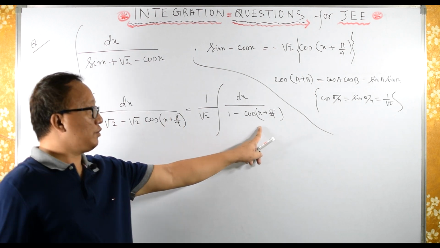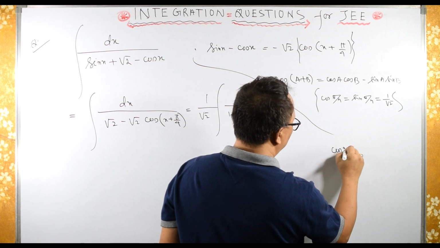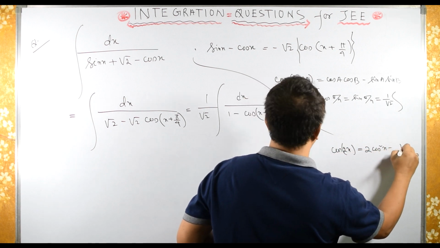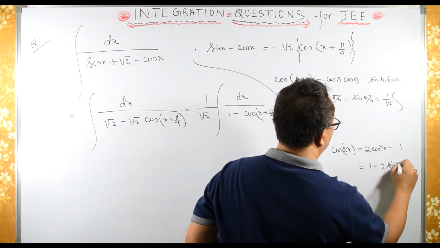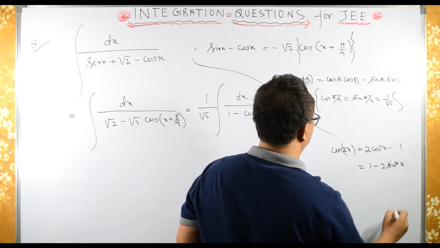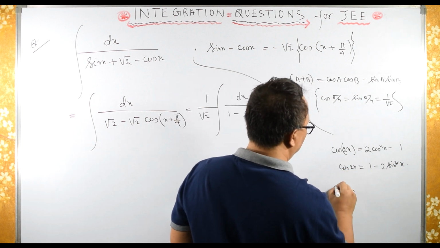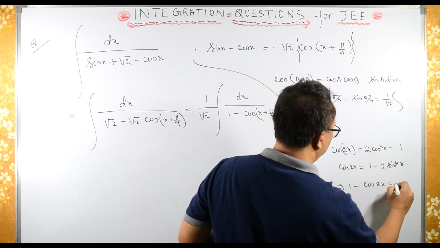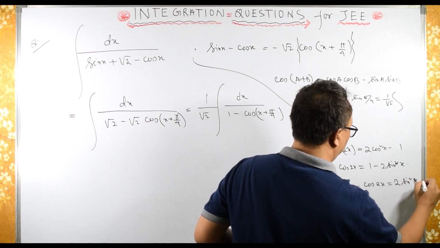So what is 1 minus cos of x plus pi by 4? Remember, cos of 2x equals 2 cos square x minus 1, which is the same as 1 minus 2 sin square x. So 1 minus cos of 2x is 2 sin square x.